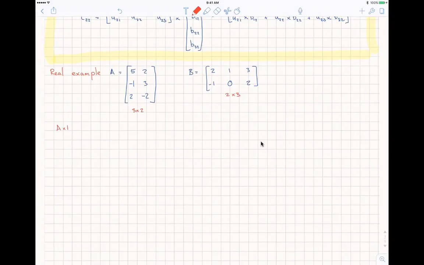If we do A times B, we can do that because we've got our n equaling our p. But the resultant matrix is going to be a 3 by 3.